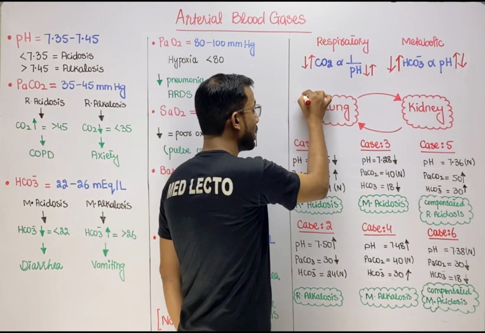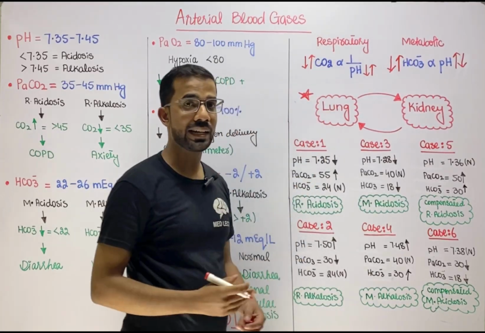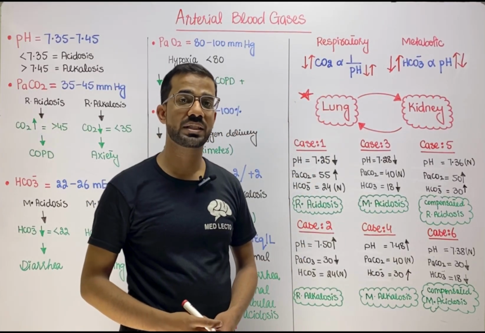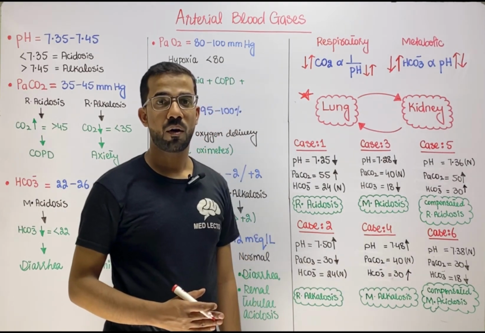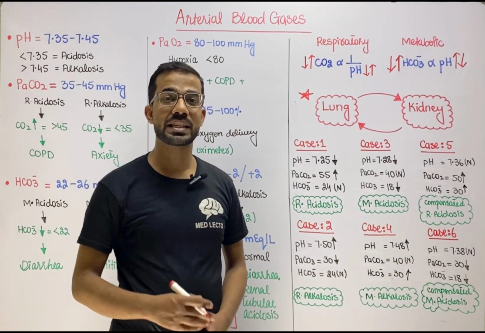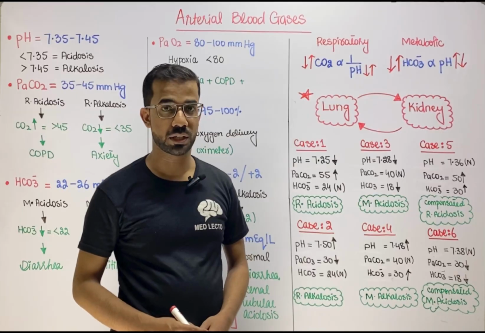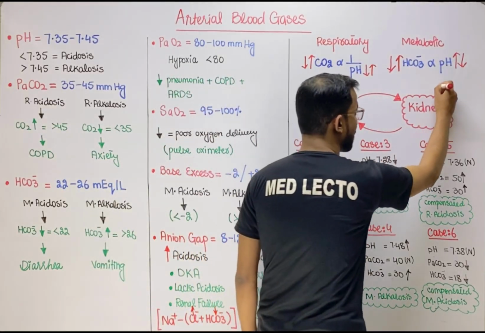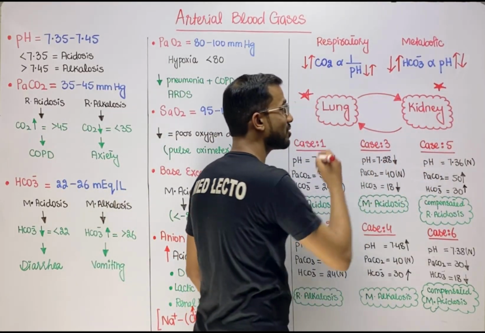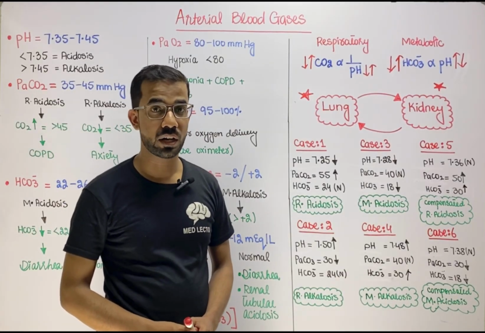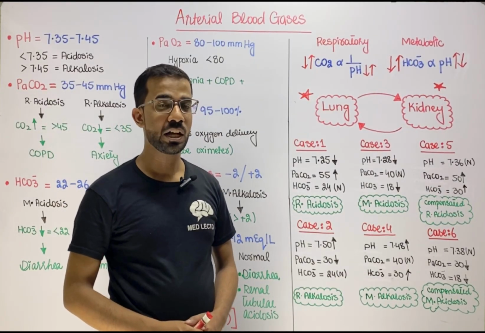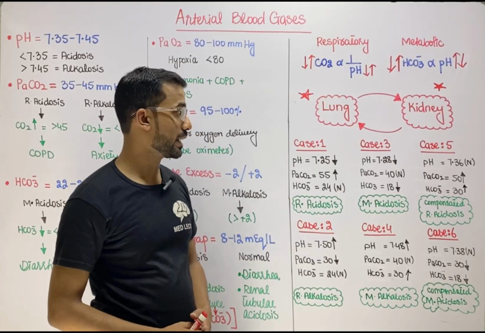If there is a problem in the lungs and it causes respiratory acidosis or respiratory alkalosis, then your kidney will try to compensate for this acidic or alkaline condition. But if there is a problem in the kidney, then your lung will try to compensate for the acidic and the basic condition caused by the kidney. We will see it in the clinical cases.